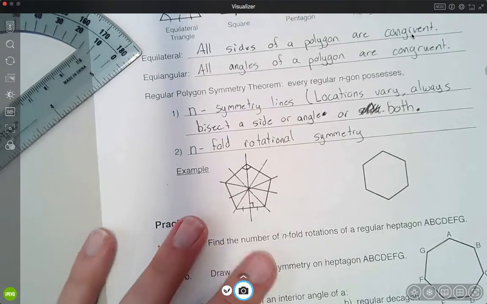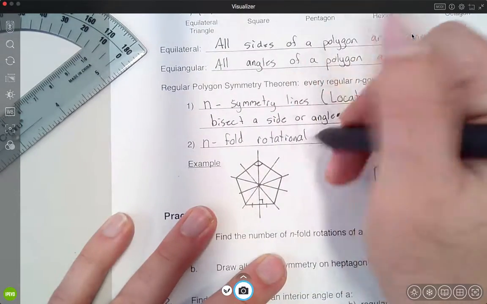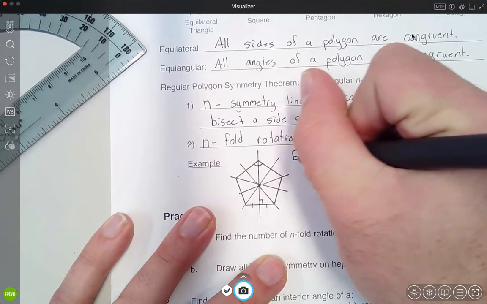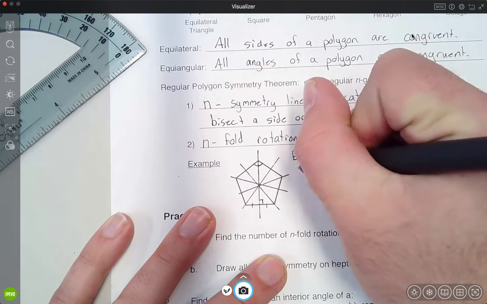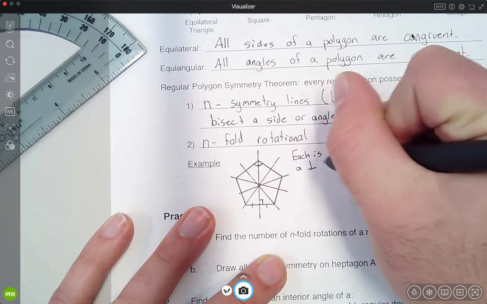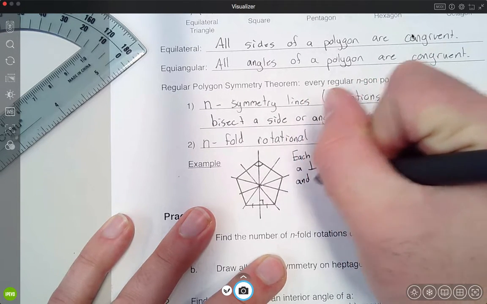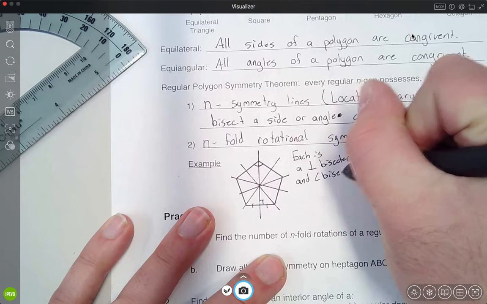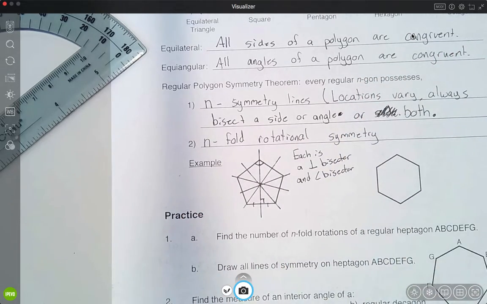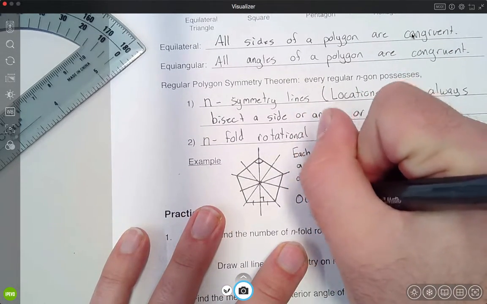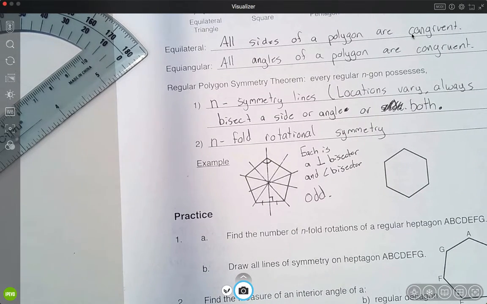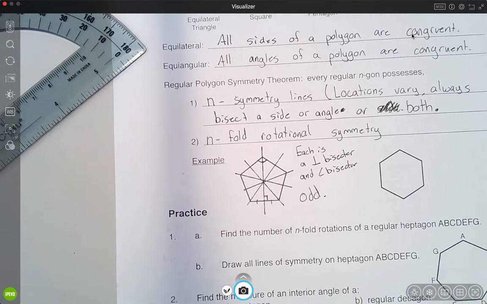In this pentagon, each is a perpendicular bisector and an angle bisector. Okay, and that actually works whenever this is odd. So if I have an odd number of sides, my lines of symmetry are going to be both a perpendicular bisector and an angle bisector.